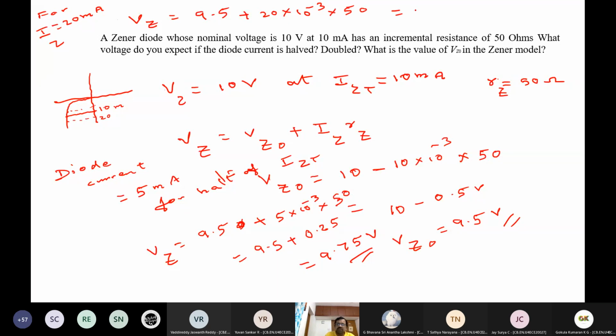So that will become 10.5 volt. So all the three answers: for half, the voltage is 9.75. For double, the voltage is 10.5. And the VZ0 value in the Zener model is also found.